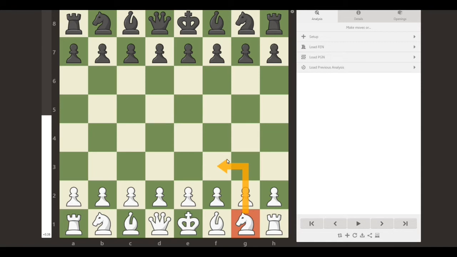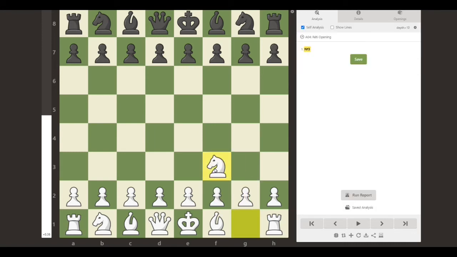We see that the square is aligned with the F letter and the 3 number, so this would be the F3 square, and therefore we would write NF3 as our notation. Since moves are automatically notated online, we can check our answer here and see that we are correct.